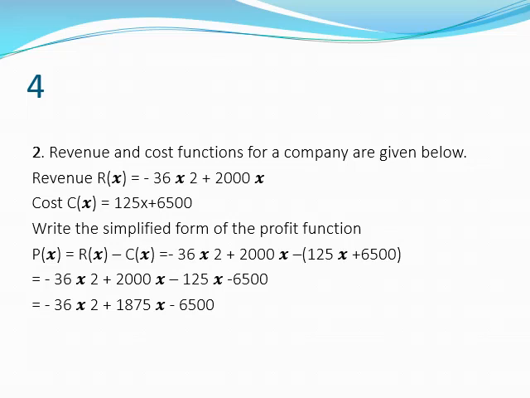Applying additions and subtractions, the result is negative 36x² plus 1875x minus 6500. Here we face two variables, x² and x. This is a more complicated form of profit function.